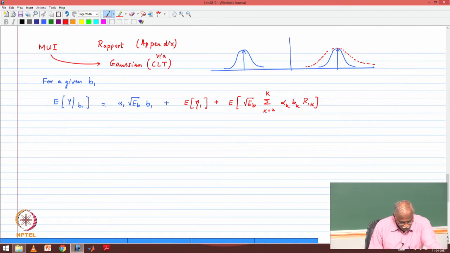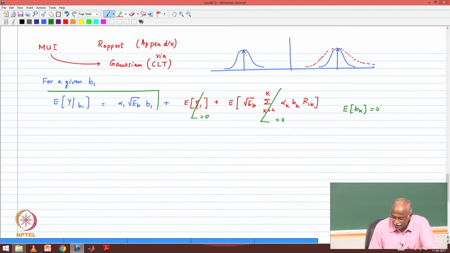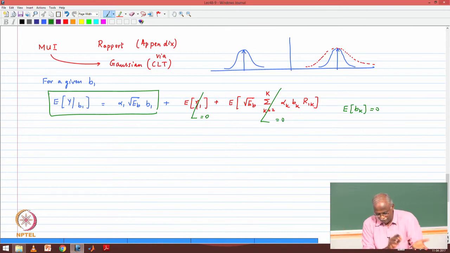Basically, what we can show is that this expectation of noise will go to 0. This will be the expected value of bk, and expected value of bk equal to 0, so this term also goes to 0. So the mean value is just like before. If you transmit a +1, it will be +1, and -1, -1; that is the mean value.